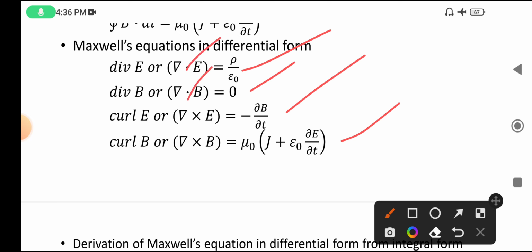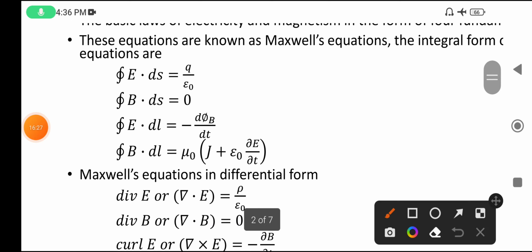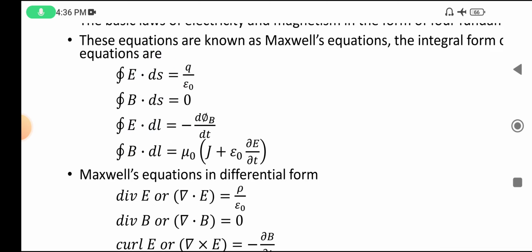Here two dots and two crosses are there: for E and B, the first two are dots, the next two are crosses. In integral form, E and B are the same, with ds and dl.